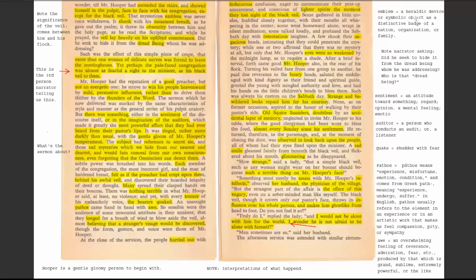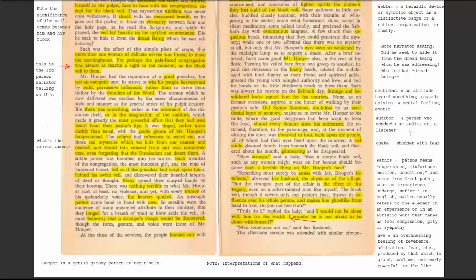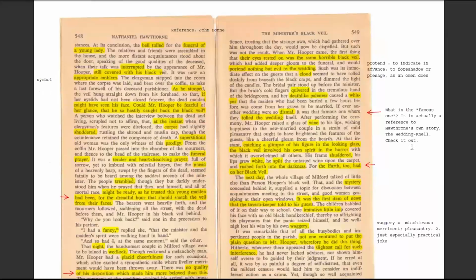It's not just crepe. It's not just the veil. It's something more. And we have to figure out what that something more is. It's an emblem, right? He's using different words to describe it, but it's becoming a symbol. The narrator, did he seek to hide it from the dread being? We talked about that. Is he trying to hide himself from God? No, I don't think so. We covered all this. Okay, good.